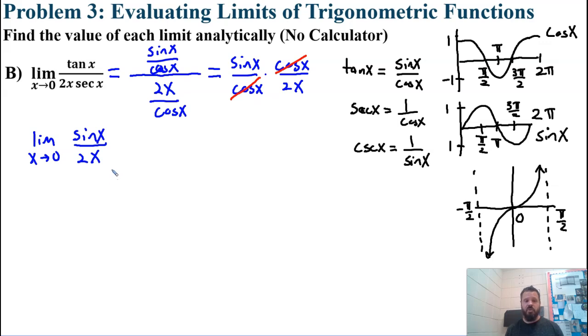All right, so I'd say with those trig identities, we significantly simplified the function we're working with. I've still got my indeterminate form here. If I plugged in 0, I'd have a 0 on the bottom, and then sine of 0 is 0 as well. But we've seen this one before. We looked at it on the calculator, the limit as x goes to 0 of sine x over x.